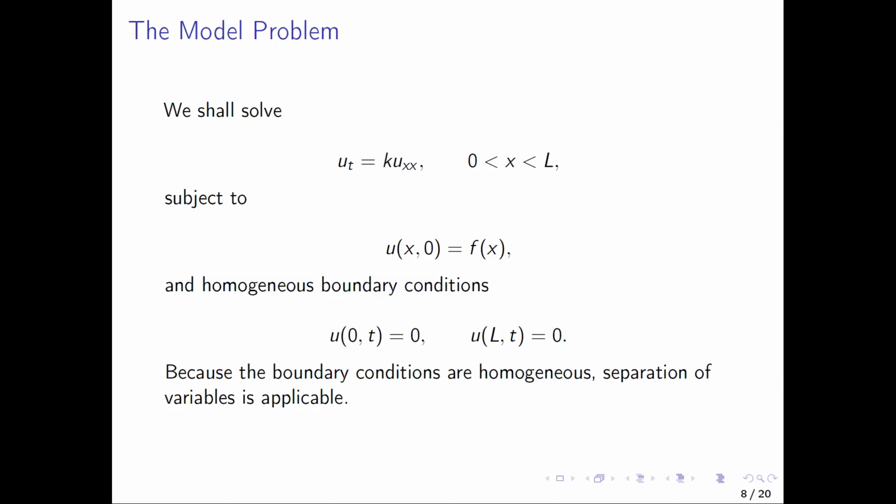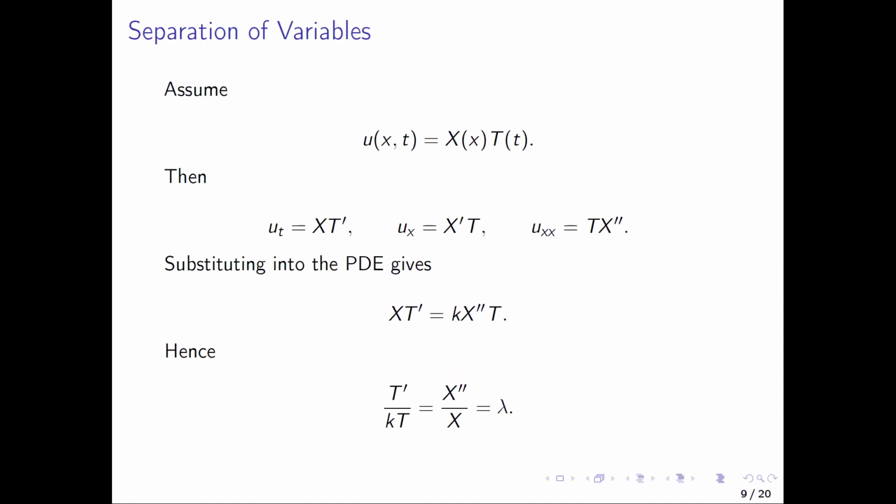So we are just dealing with the homogeneous simple problem, a simple one dimensional heat equation problem. Anyway, our method is separation of variables. We assume that our unknown function is a multiplication of a function that depends on x times a function that depends on time.